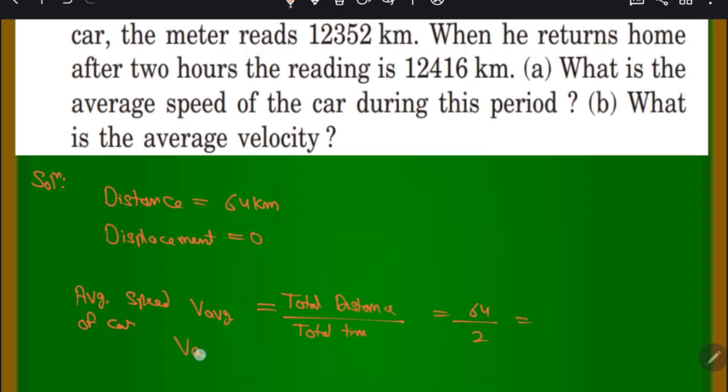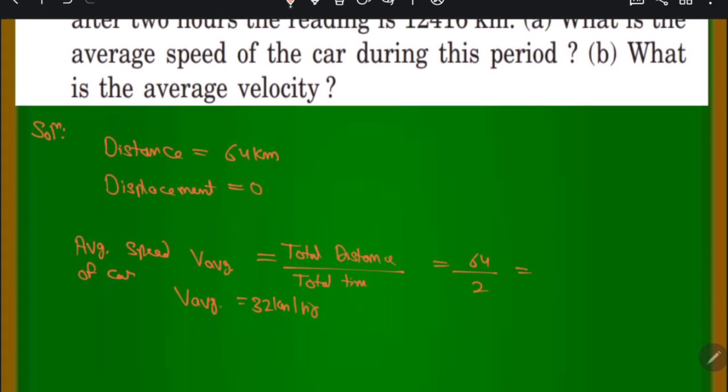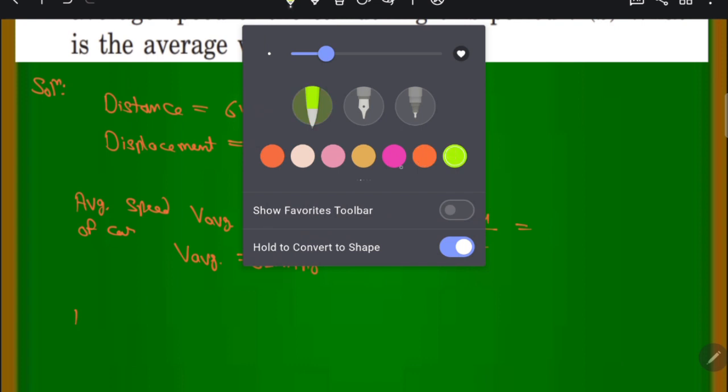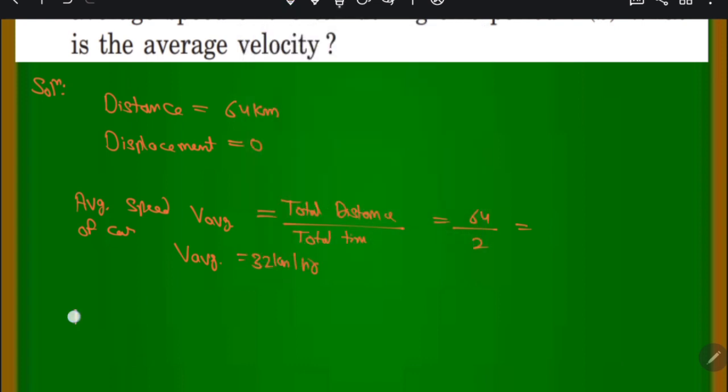Means average speed comes out to be 32 kilometer per hour. And then they are asking average velocity. So average velocity, how we find average velocity? Change in displacement.